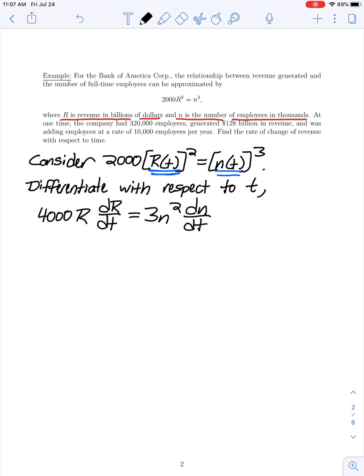All right. So now that we have our derivative step completed, we're supposed to substitute in the values that were given and solve for the quantity that we're interested in. So let's think about the values that were given here.